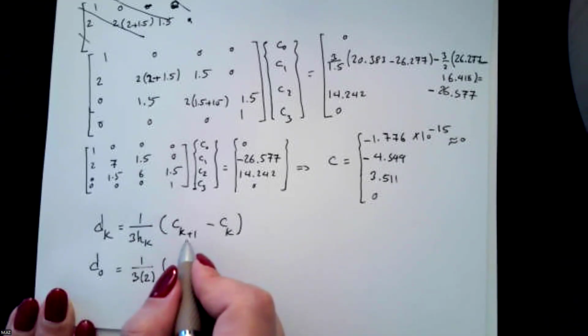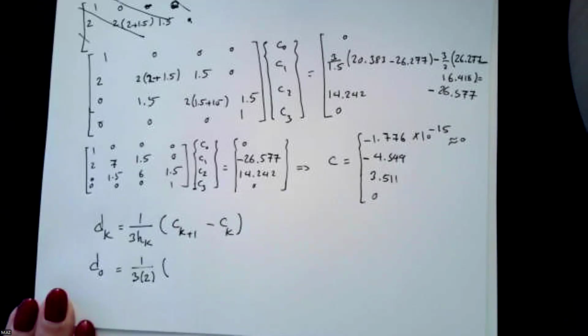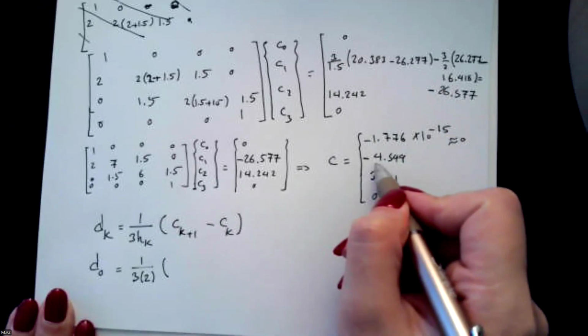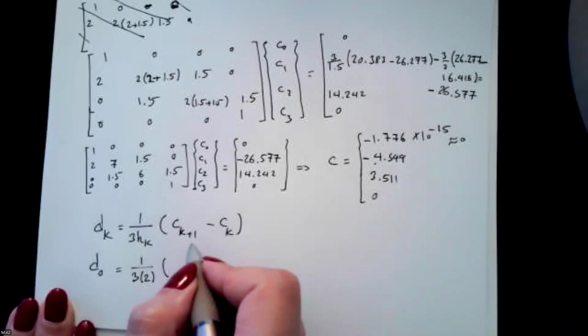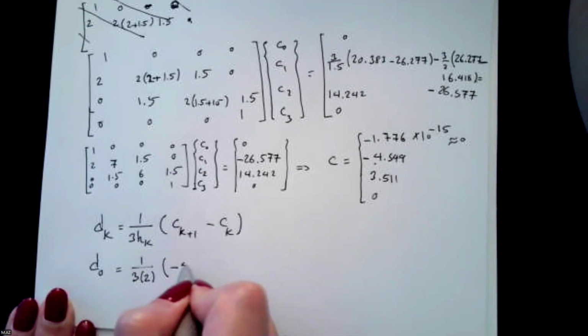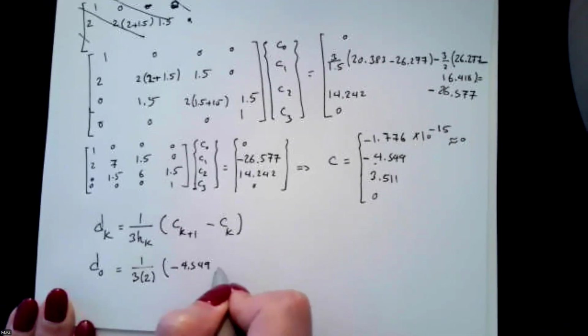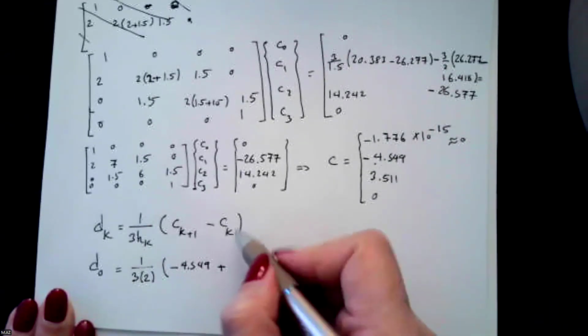C k plus 1 means the value of the C1 plus the value of the C naught.